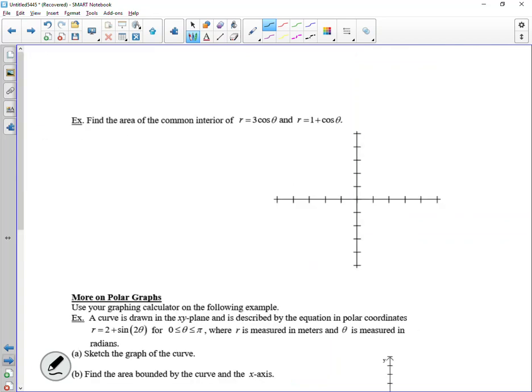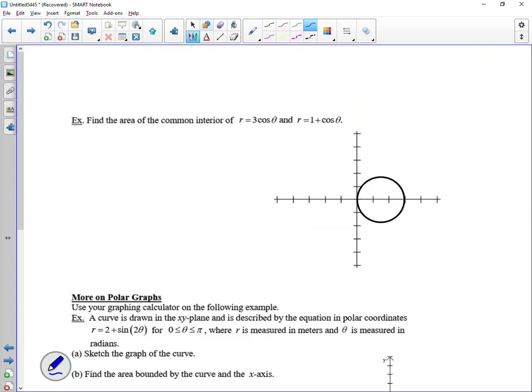The last one, 3 cosine theta. That's a circle on the x-axis. Then 1 plus cosine theta.